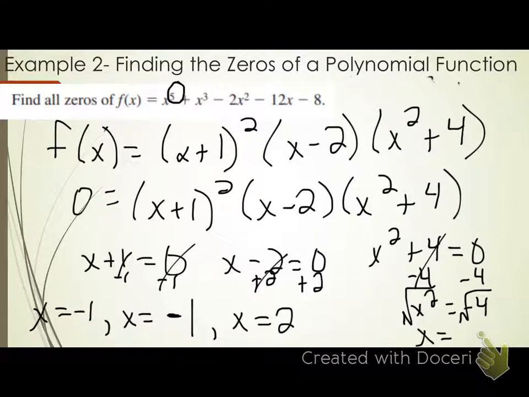So square root of 4 would give me 2. Don't forget your plus or minus either, since we're taking the square root, plus or minus 2. And then the square root of that -1 would give me i. So another one of my zeros is x equals 2i.